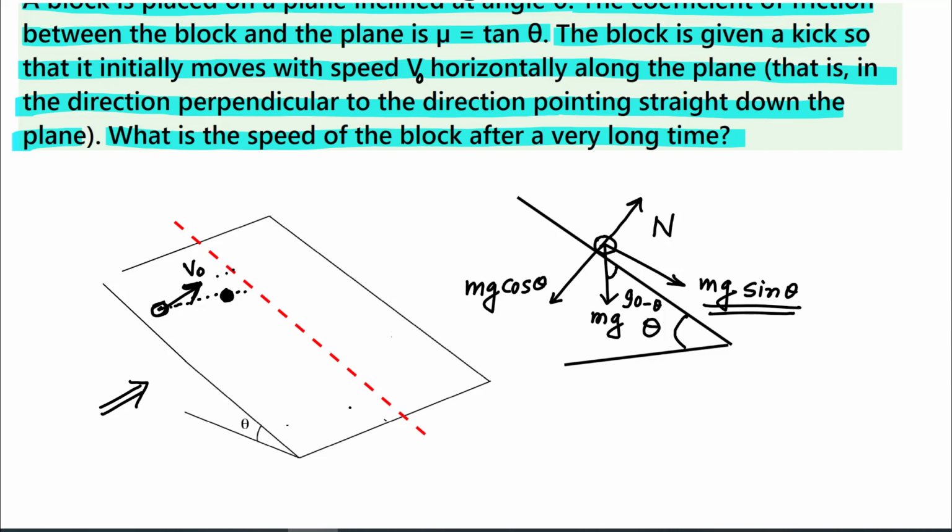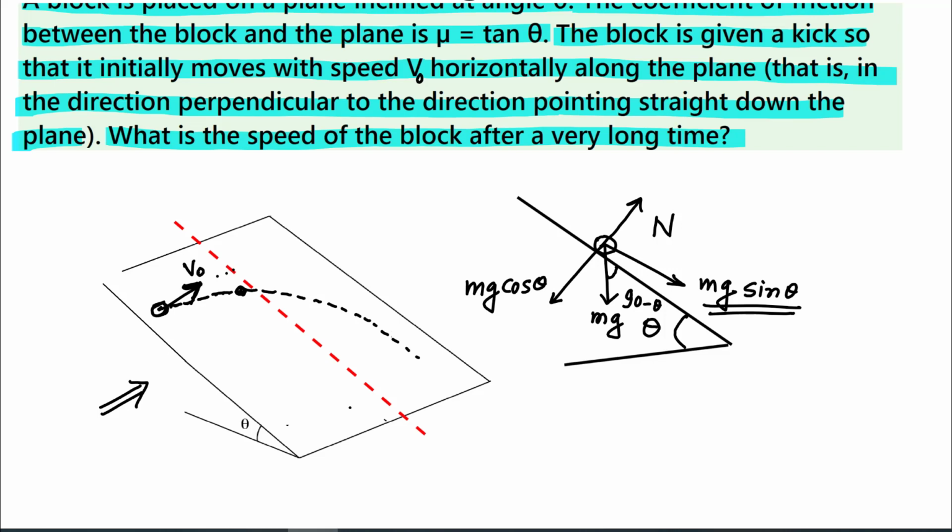Initially there is no velocity down the plane, but after some time there will be a gain in velocity down the plane. So the velocity in this direction will increase, and that's why this block will follow a trajectory of this kind, because there is an increase in the velocity down the plane.